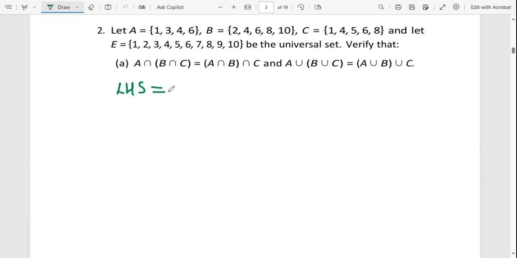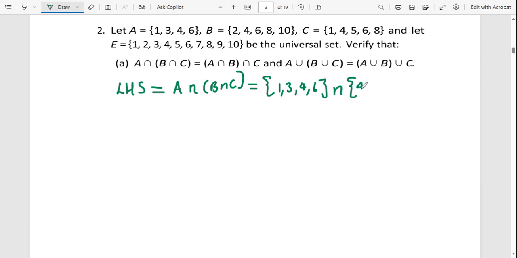The left hand side, we have got A intersection B intersection C. So this is going to be the set A. The set A is what? 1, 3, 4, 6. We want where it is intersecting with the set B intersection C. Look at B and C. What is common between the two sets?